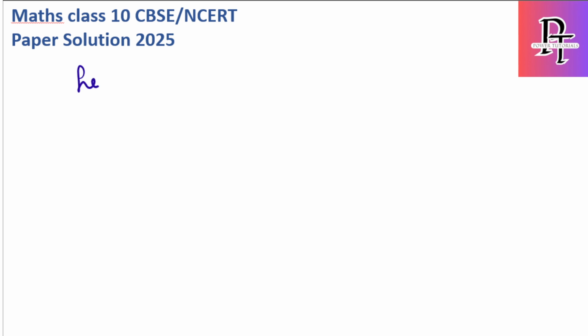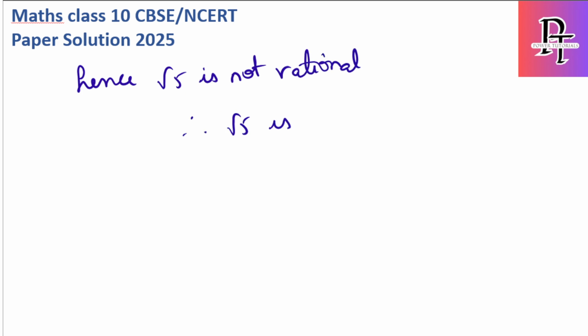Hence root 5 is not rational, therefore root 5 is irrational. So you have to mention all these points, then you will get full marks of 3 marks.